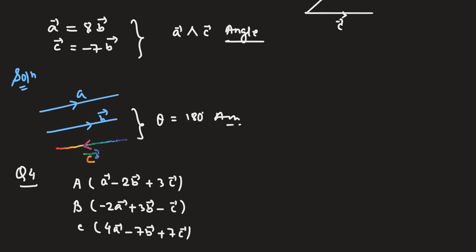Now what they are asking, the 4 points with the position vectors, one more point is there. These 3 points are collinear, they are on the same line.